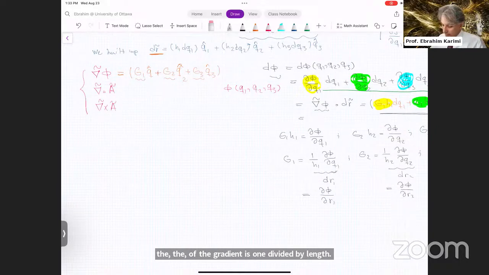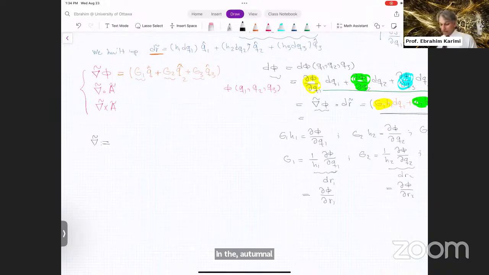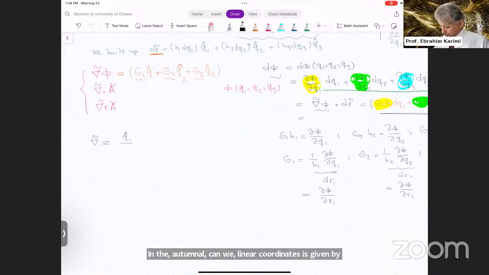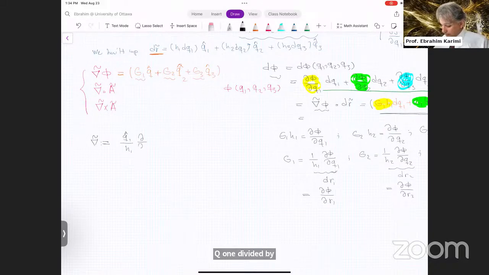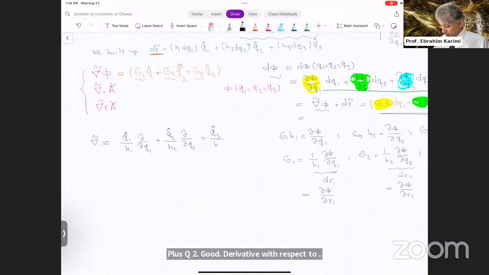So from this calculation, the gradient in orthogonal curvilinear coordinates is given by Q1 hat divided by H1 times the derivative with respect to Q1, plus Q2 hat divided by H2 times the derivative with respect to Q2, plus Q3 hat divided by H3 times the derivative with respect to Q3.